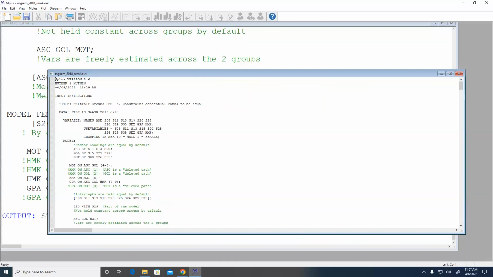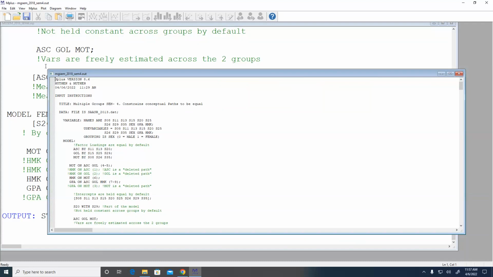Think about our model: we have means for academic self-concept and goal evaluation because they're exogenous variables. But all of our other conceptual variables are endogenous variables. So we're actually estimating intercepts for endogenous variables, which are the predicted value when everything else is zero. That's what intercepts are.